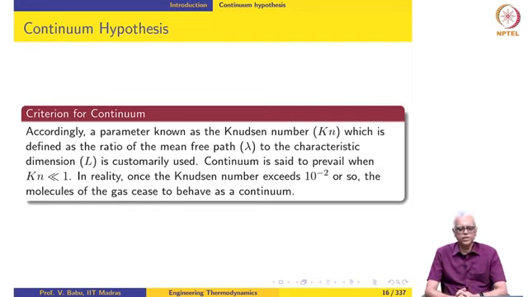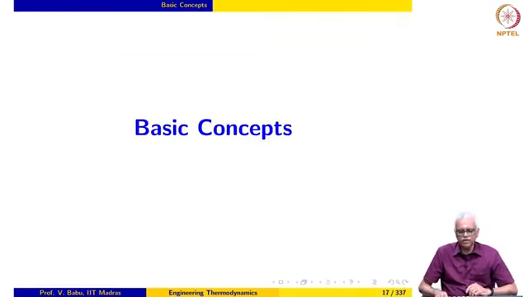So, this is what we assume when we do macroscopic thermodynamics, that the property values at any instant are known without any ambiguity, and the property values are the same everywhere in the system regardless of where we measure the property value in the system. So, this brings us to a close of the first module.